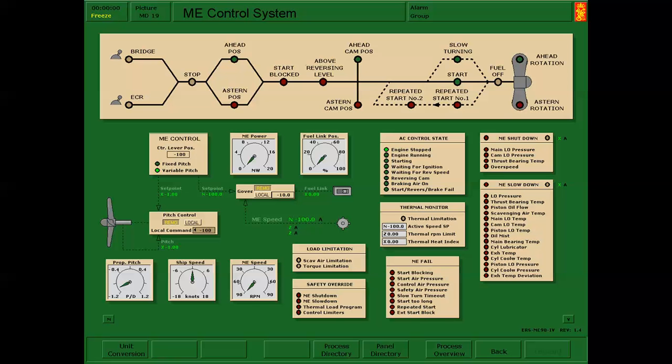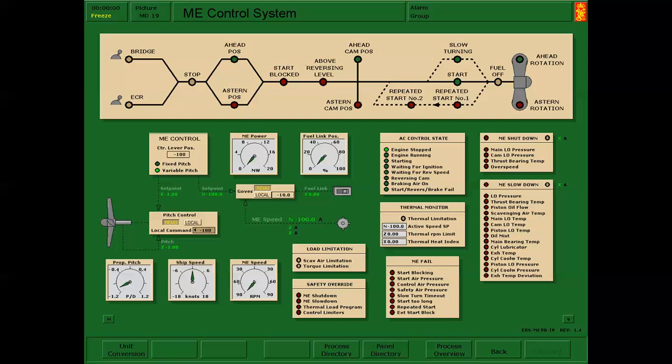To the right of that, you see fuel off. The fuel off is your puncture valves. When that's lit, your puncture valves are activated and no fuel is being delivered to the engine. Below that are repeated start number 1 and 2. The automation will roll this engine over on air when it's trying to start.